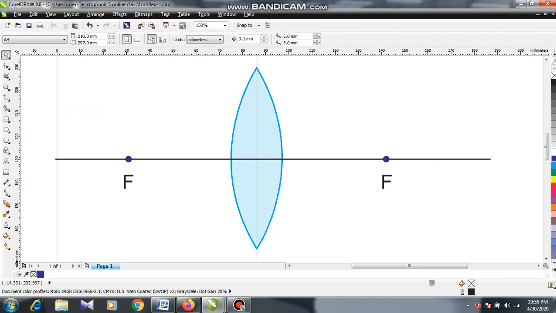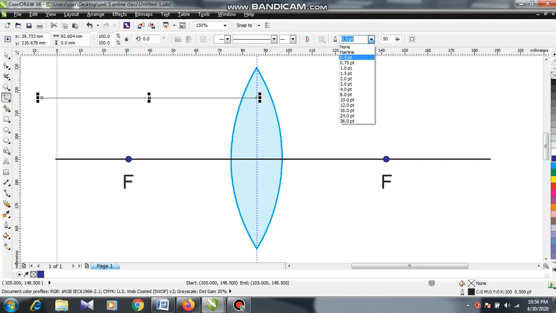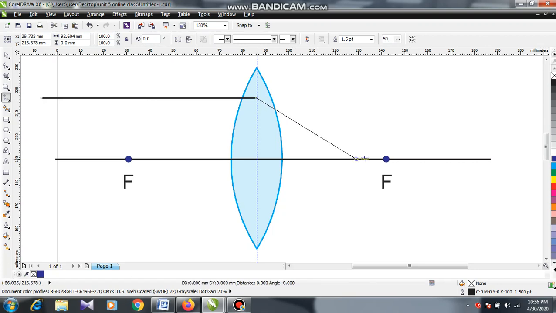And now if you send a light ray parallel to the principal axis, now see, the light ray is traveling from the left side. I am drawing it up to the optical axis. Then it will be refracted through the focal point.